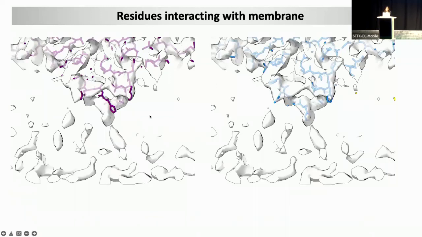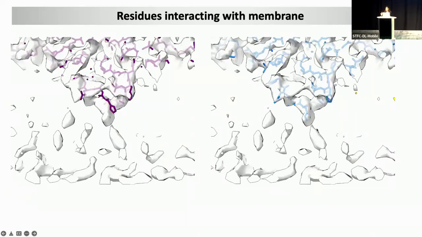And one of the nice things is that we are looking at the structure in its environment. These are membrane-bound proteins, and here this is the membrane down here, quite noisy, and we're looking at the membrane-interacting region of one of the subunits. We can see that when the protein is in the membrane environment, there is this histidine, for instance, in this loop that is pulled down towards the membrane.